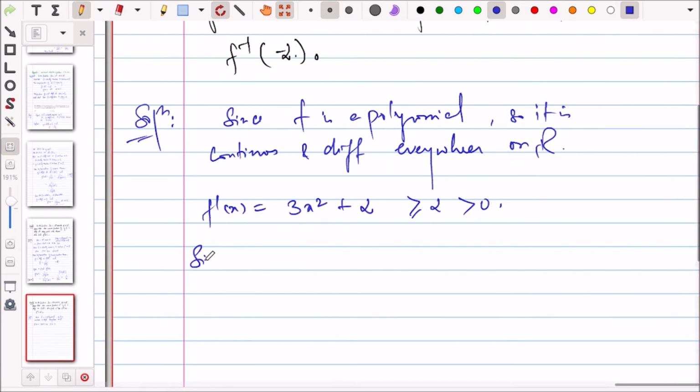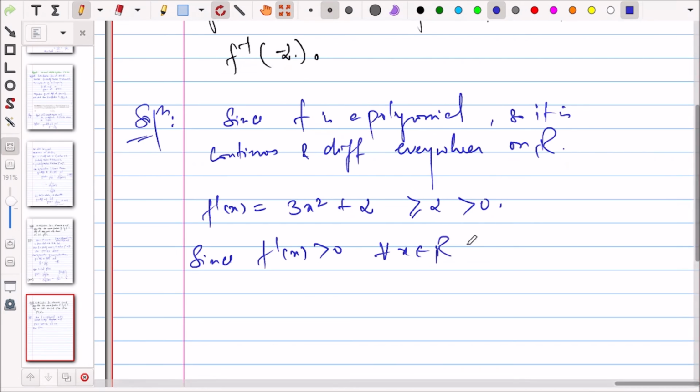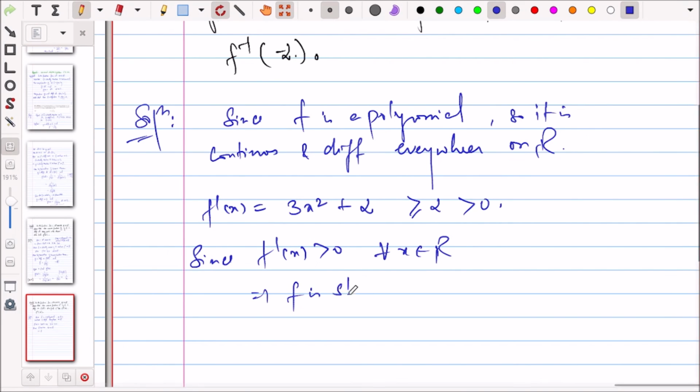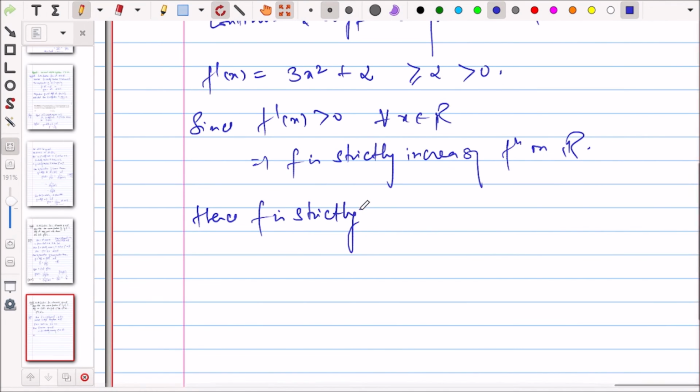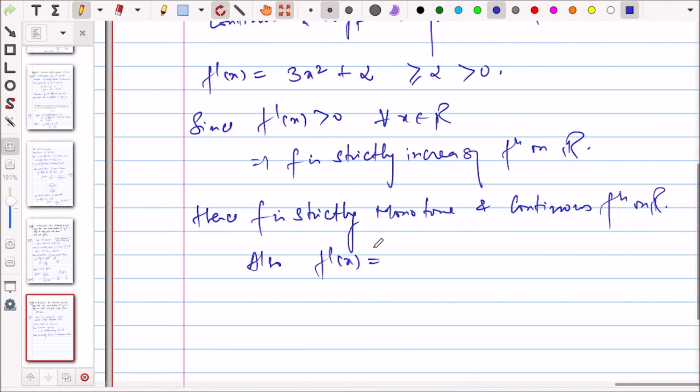So since f dash x is greater than 0 for all x in R, this implies f is a strictly increasing function on R. Hence f is strictly monotone and a continuous function on R. Also f dash x is not equal to 0 for every x in R.